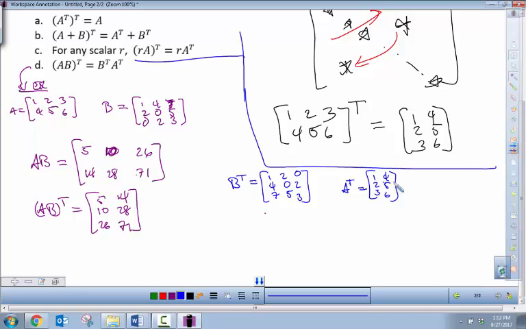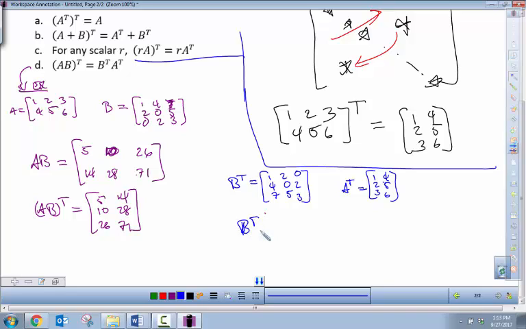So B transpose is 3 by 3. A transpose is a 3 by 2. What's the result going to be? 3 by 2, which is what our AB transpose is equal to. So that's a good sign. And now let's actually multiply.